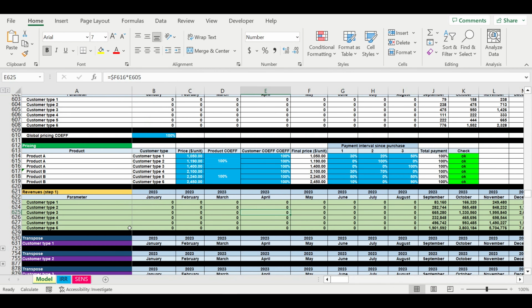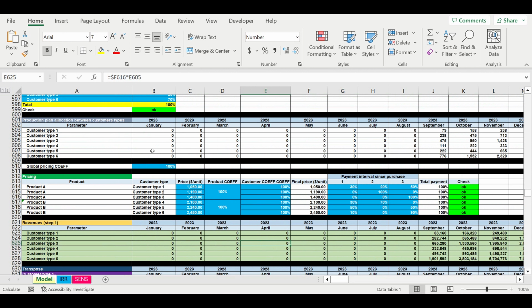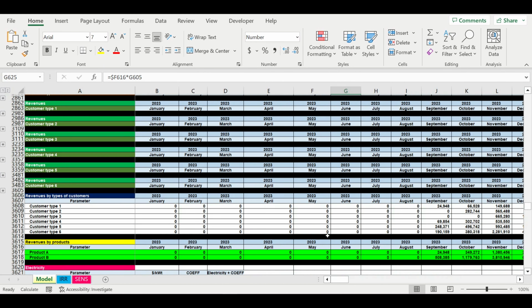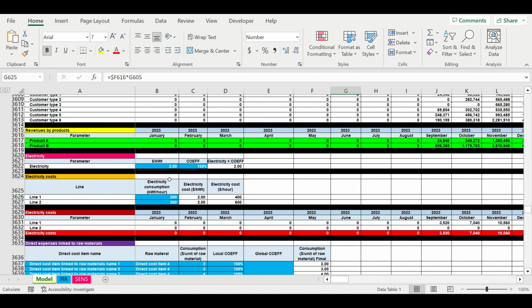People usually play in this block of input a lot. They play with pricing, they play with payment algorithms, the way each type of customer pays us. Then we move to, for example, electricity costs, the price for electricity per kilowatt.